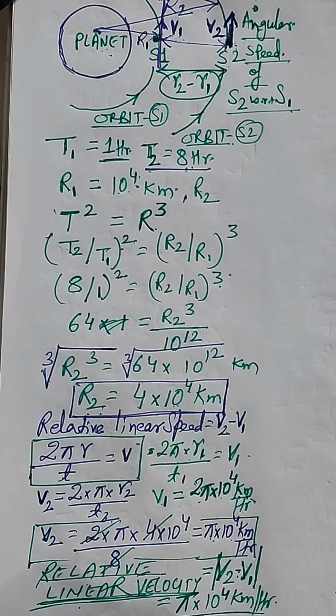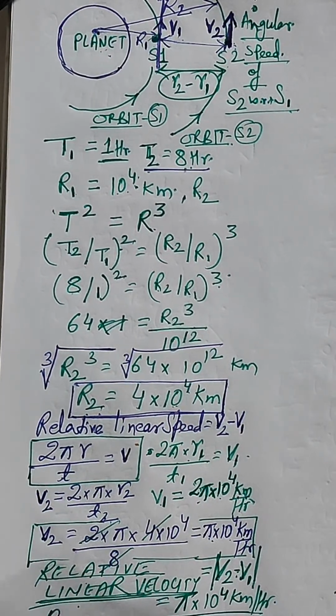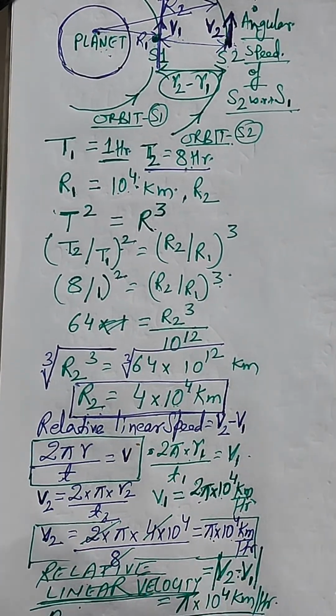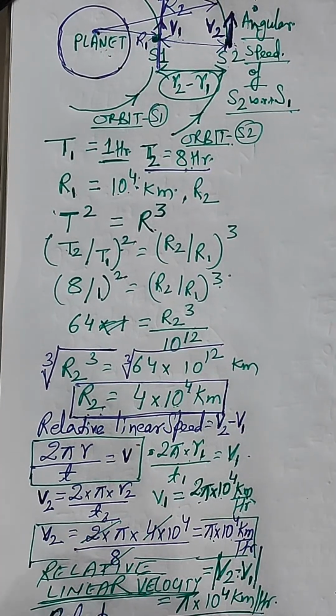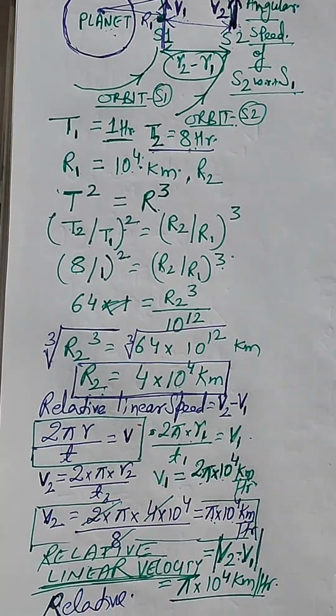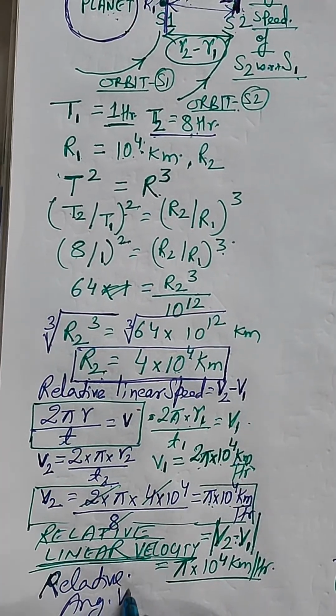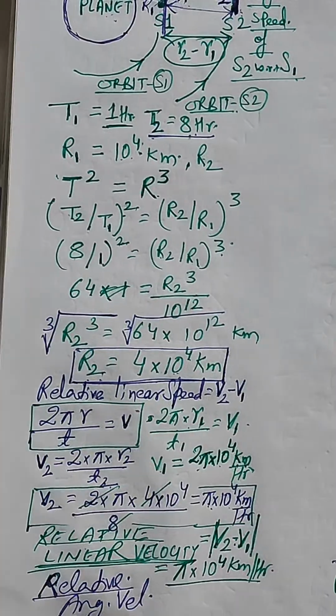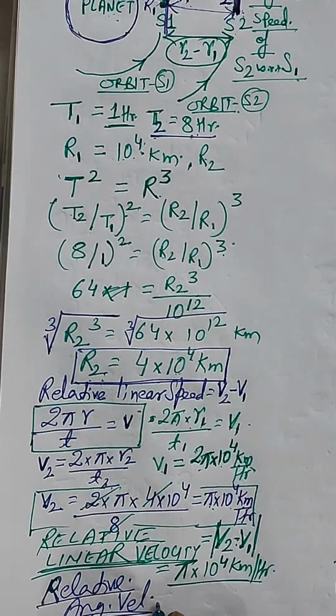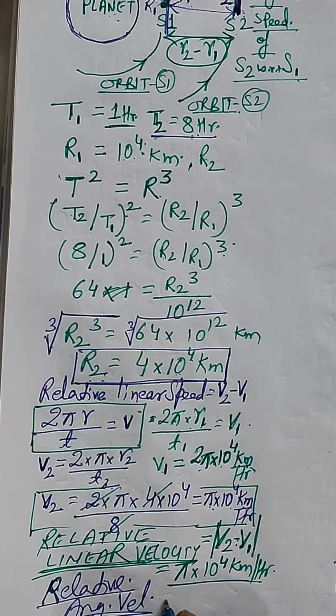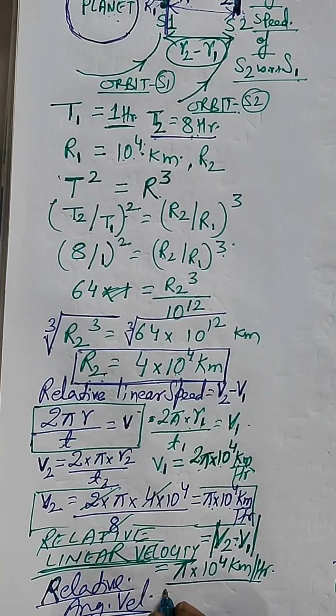right? So we know that V is equal to R omega. So the relative angular velocity, I am writing, relative angular velocity can be written as, since we know that V equals R omega, I use that relation.